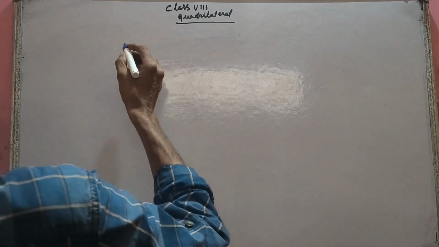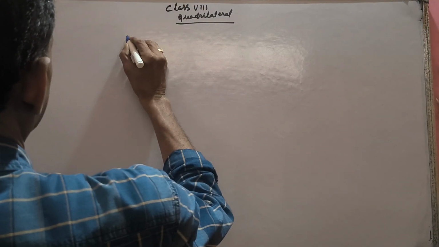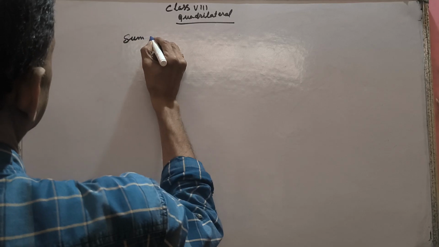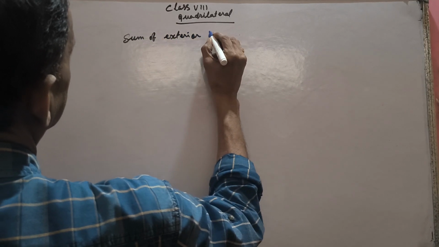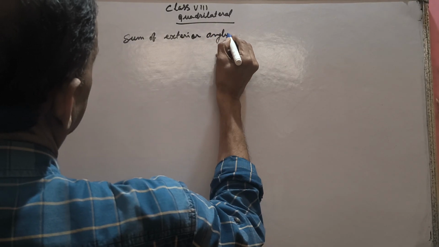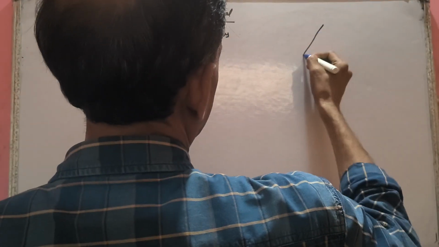Now we study the interior and exterior angles of a polygon. For a polygon, the sum of exterior angles. Students, exterior angle means this.